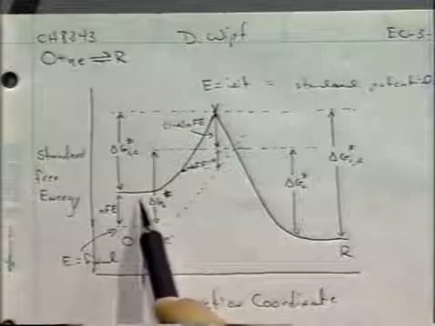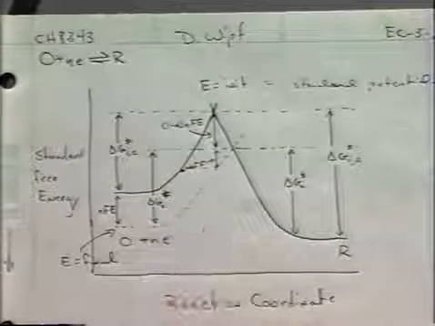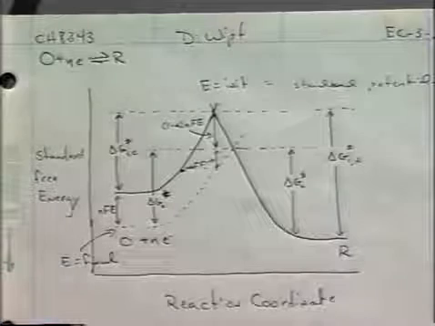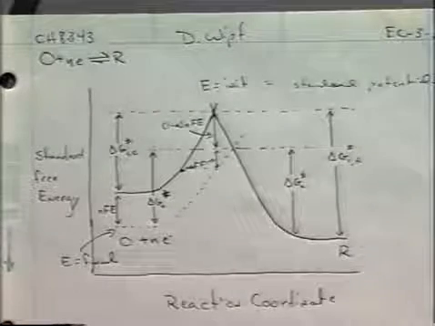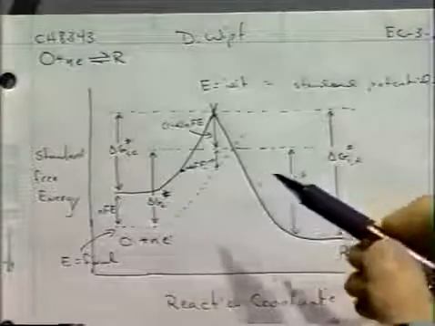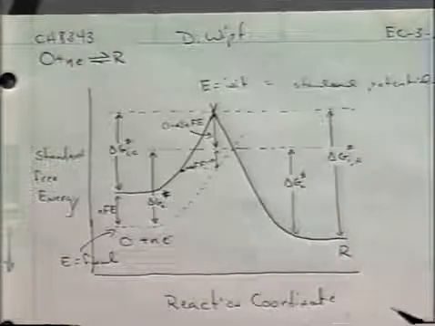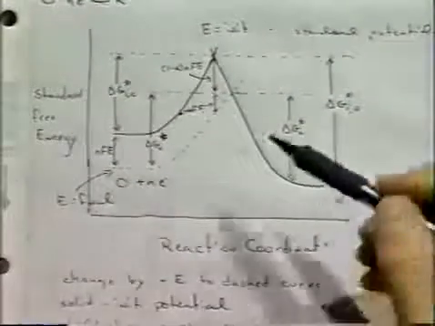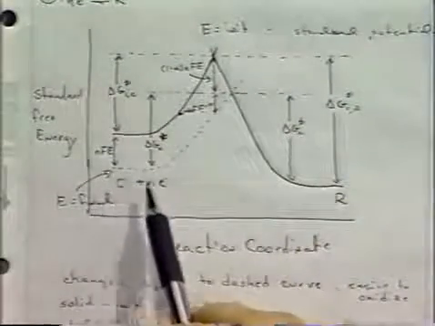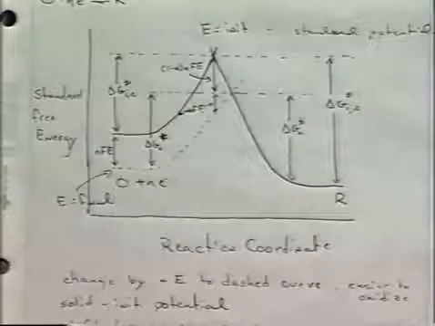Now let's change the free energy of our system by changing the potential. Let's make the potential more negative, actually more positive, and what happens is that the dashed curve is the new potential that we observe.